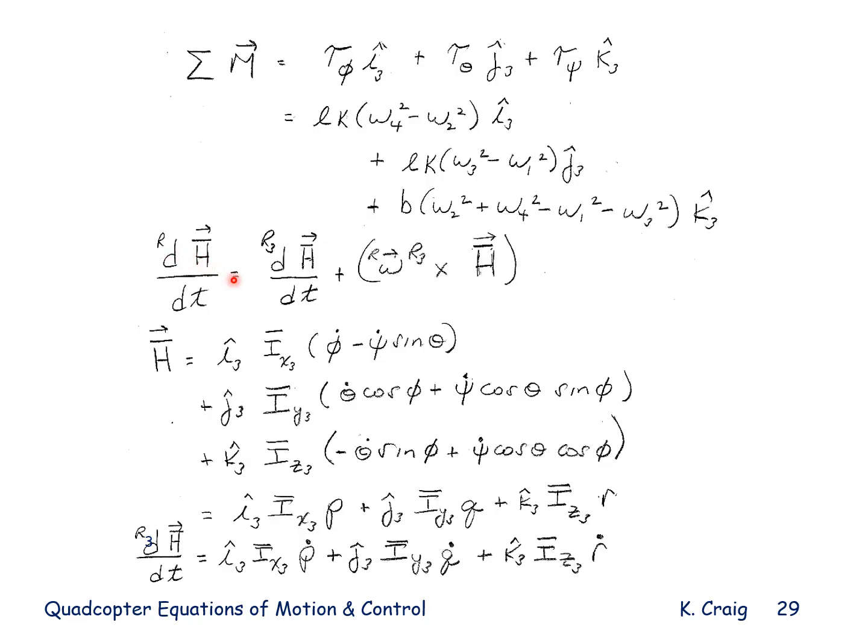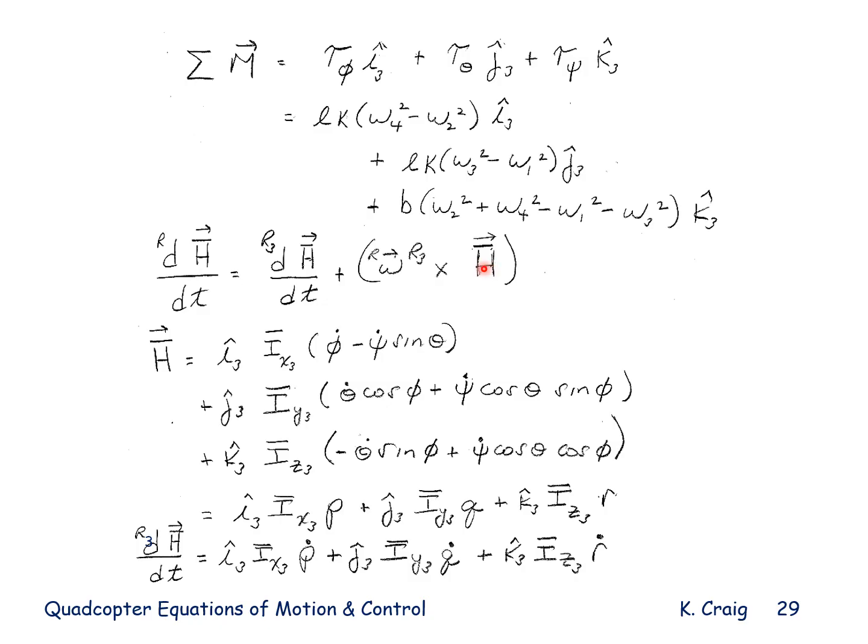And I know that that's equal to the derivative of the absolute angular momentum in the body fixed reference frame, the R3 reference frame, plus the absolute angular velocity of the quadcopter. That's the angular velocity of the R3 reference frame in the grounded or R reference frame, vector cross product with the absolute angular momentum with respect to the CG of the quadcopter.